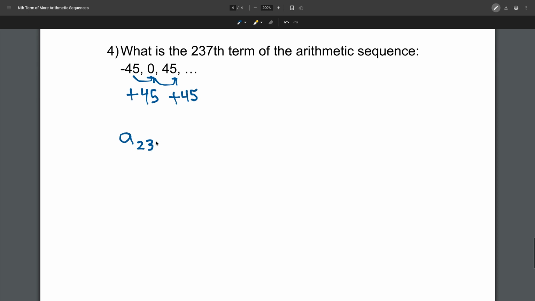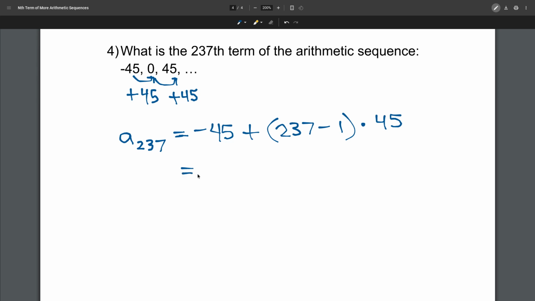So a sub 237 equals our first term, negative 45, plus 237 minus 1, because we're only going to increase by 45 236 times. We're going to multiply it by our difference of 45.